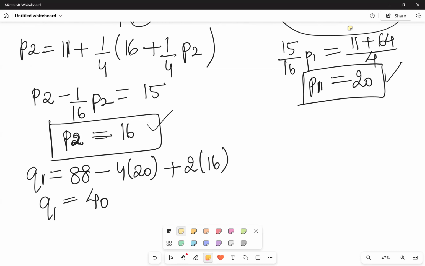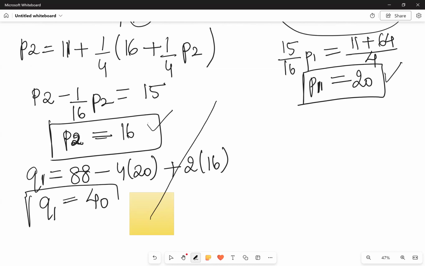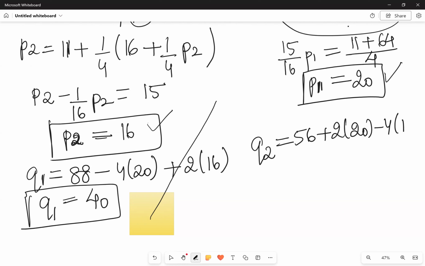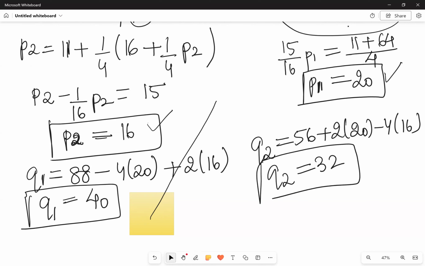So this is the equilibrium quantity for firm 1. And similarly for Q2, equal to 56 plus 2 into 20 minus 4 into 16, we calculate it to be Q2 equal to 32. This is your equilibrium quantity for firm 2.